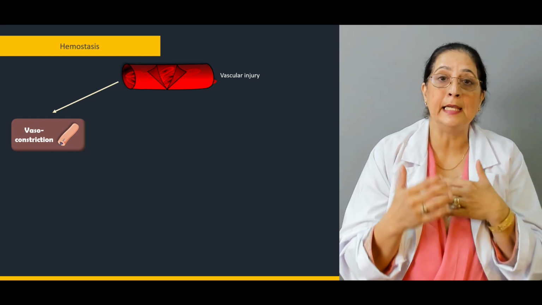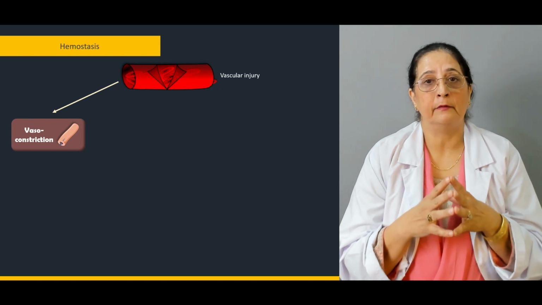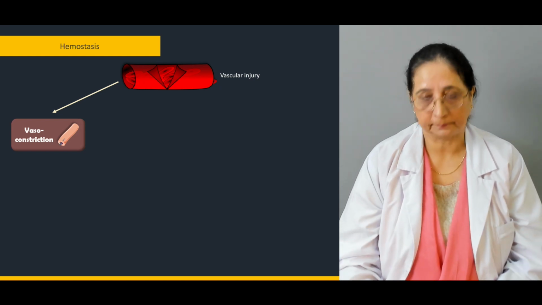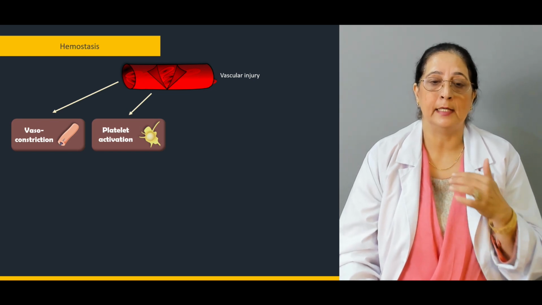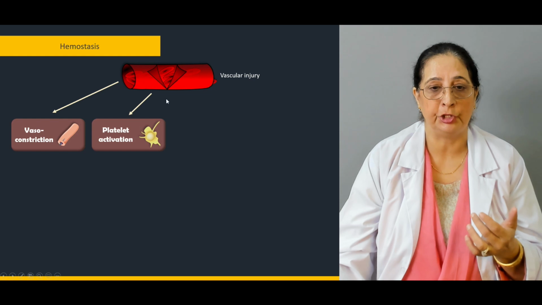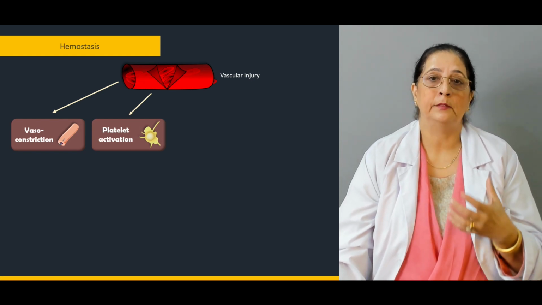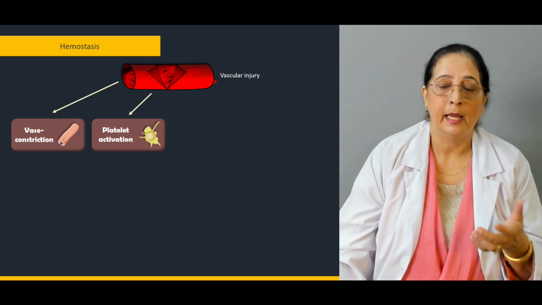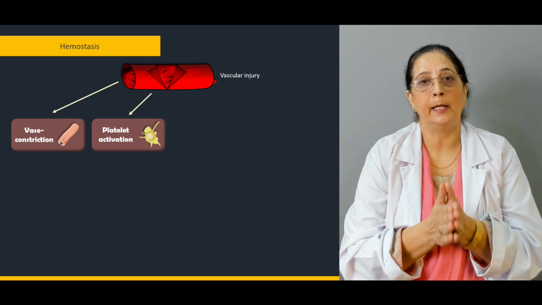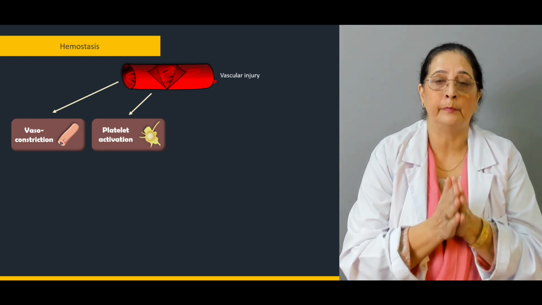That's the first mechanism to control the blood loss. Then after the vasoconstriction, there is platelet activation. Platelets are the blood cells responsible for blood clotting, and the clotting of the blood helps in the stoppage of the blood loss or bleeding.